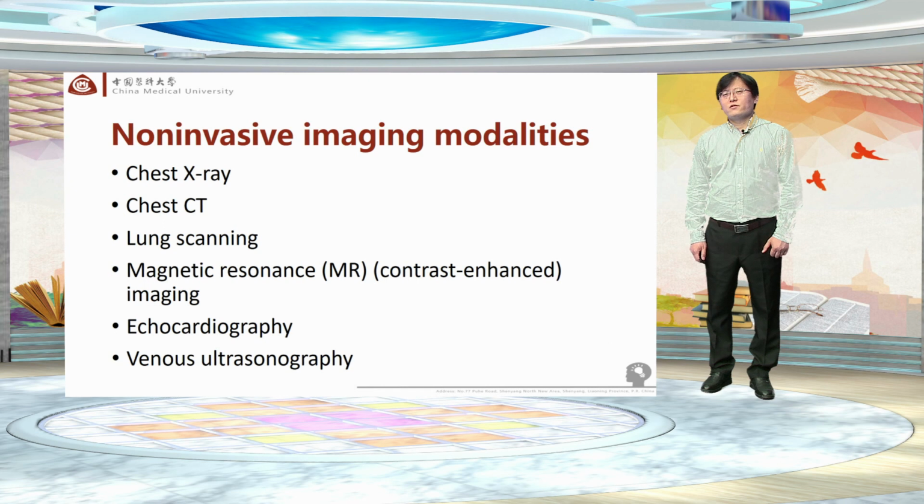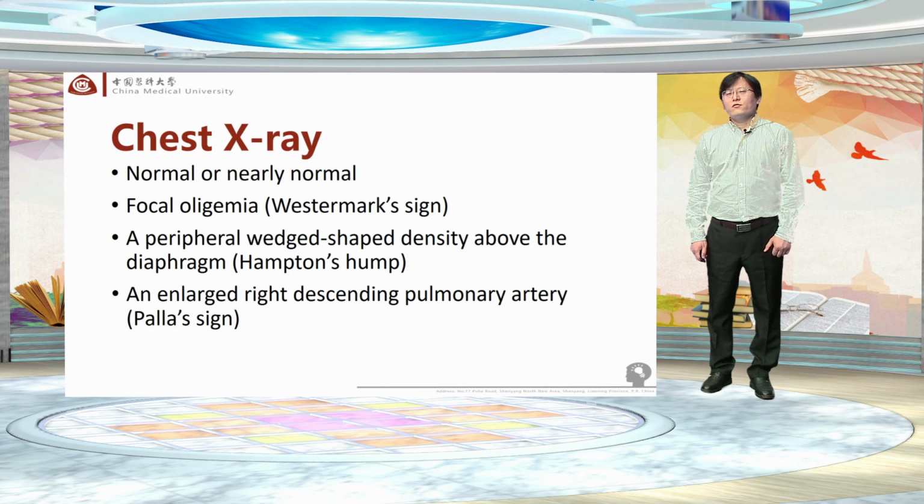Other non-invasive imaging modalities include chest X-ray, CT, CT angiography, lung scanning, MRI, echocardiography, and venous ultrasonography. For chest X-ray, usually patients with PE have normal or nearly normal chest X-ray, but several signs can be seen in some of them.